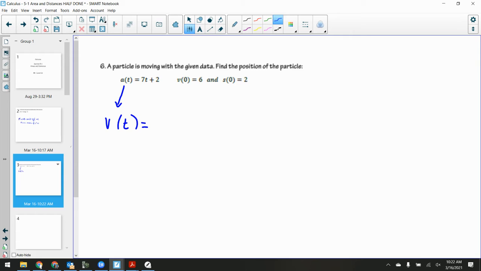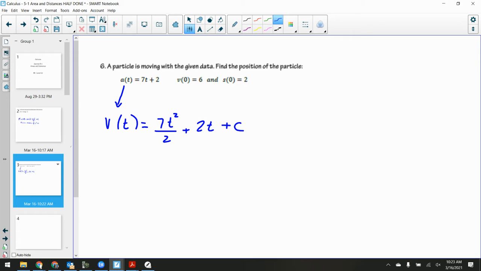So we find the antiderivative, we kick up the power by 1, 7t squared over 2 plus, just add on the t, plus a constant. Now, I give you some information. I say v of 0 is 6. I didn't necessarily need to give you v of 0, did I? I was just very nice to you.